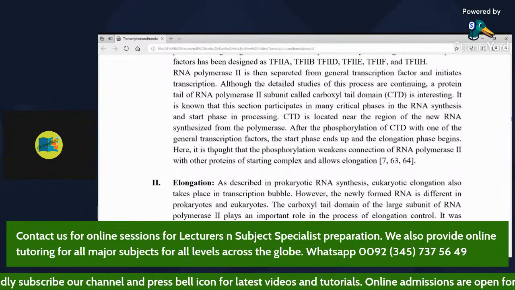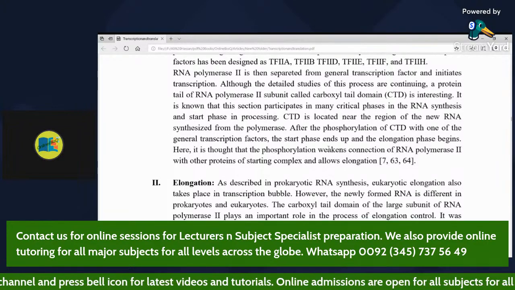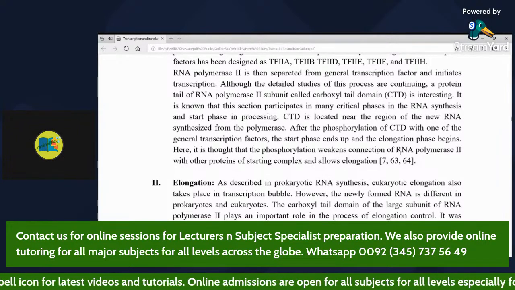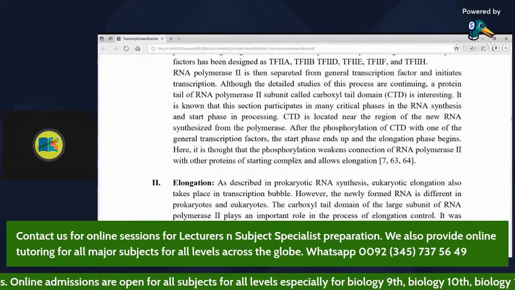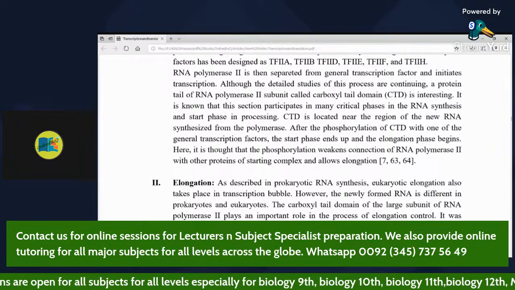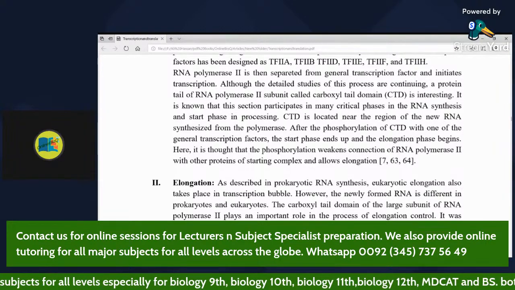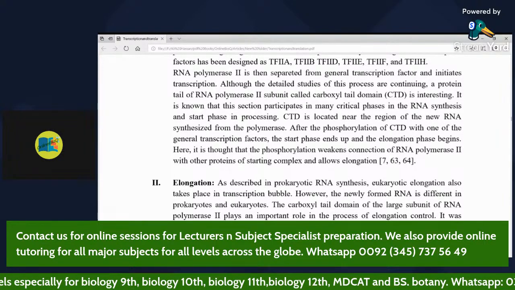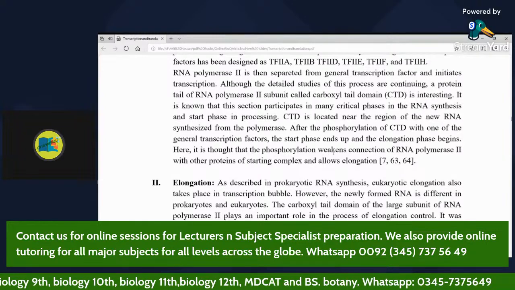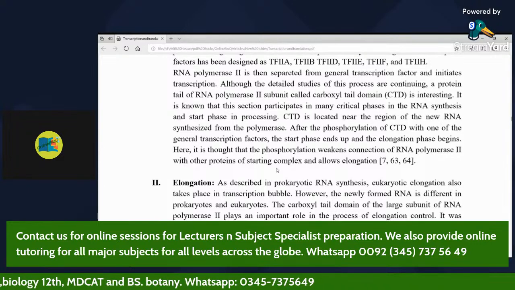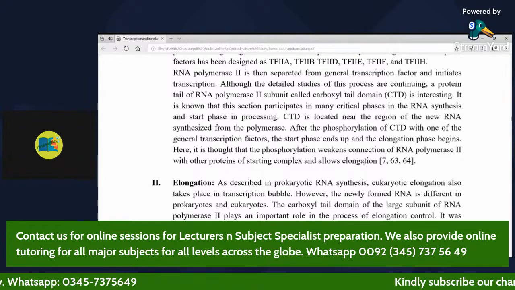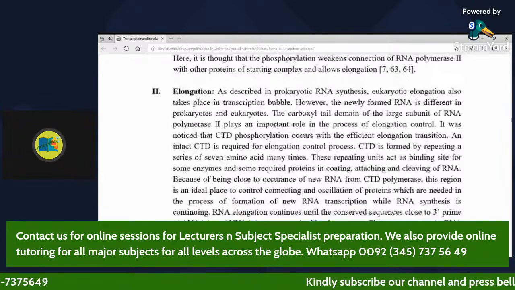Here, it is thought that the phosphorylation weakens the connection of RNA polymerase 2 with other proteins of the starting complex and allows elongation.